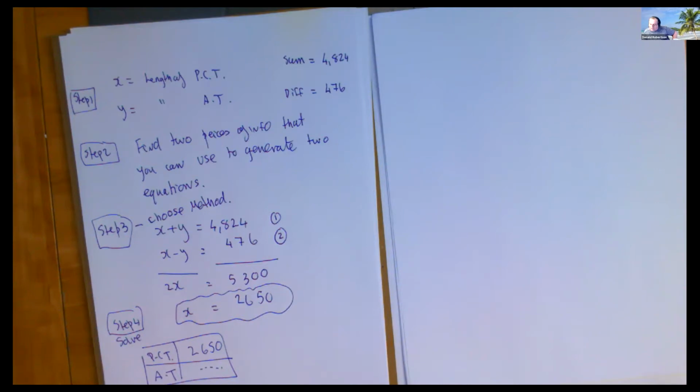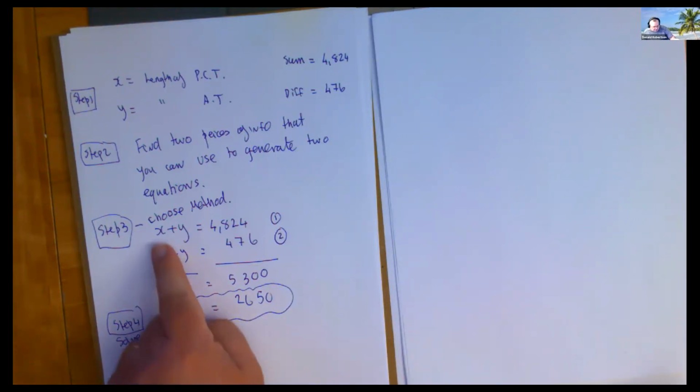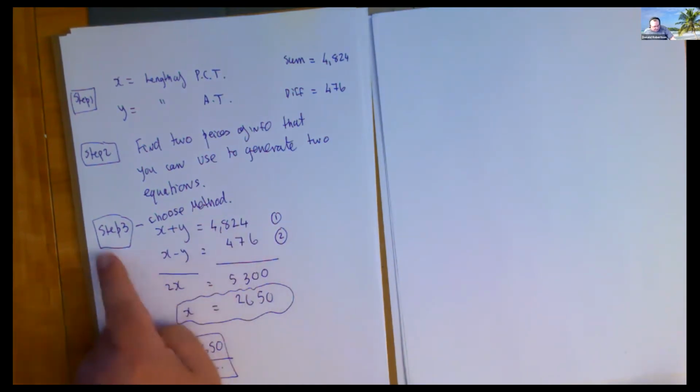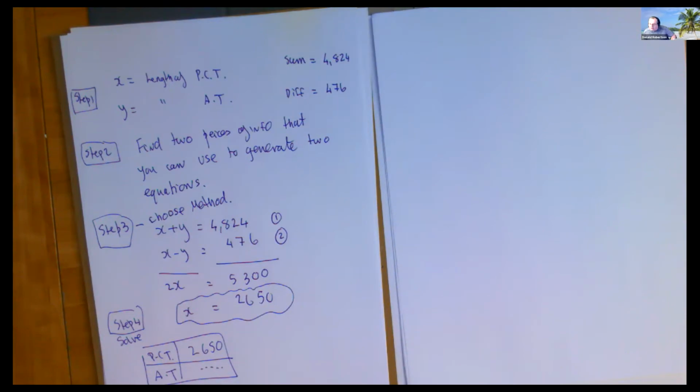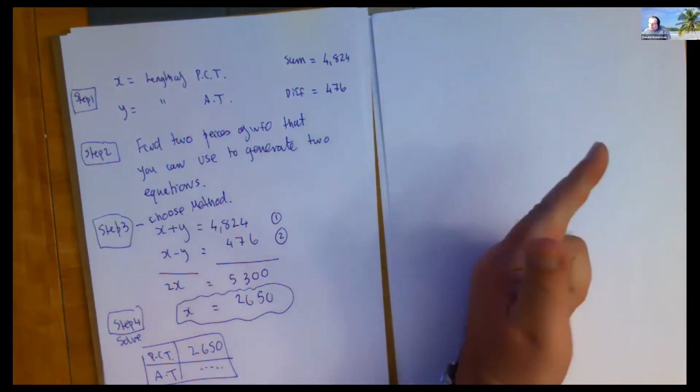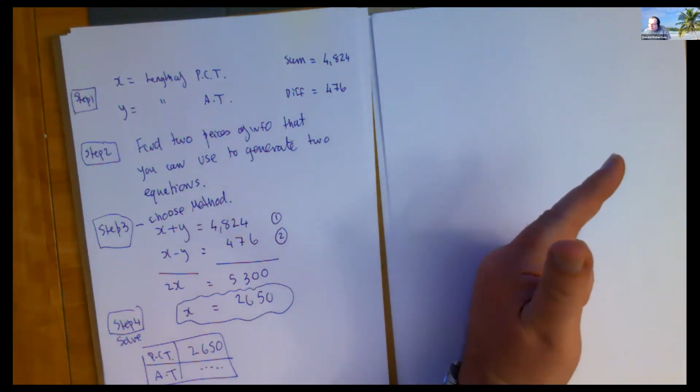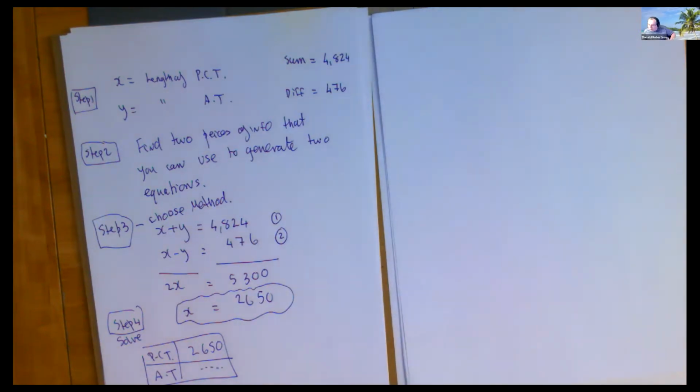Stage 1, identify the two things you're being asked to find, the X and the Y. Step 2, look at the story and find 2 pieces of information that you can use to get 2 equations from, and write them down. Step 3, look at your 2 equations and make a decision: addition method or elimination method. And then step 4, do it and get the answer.